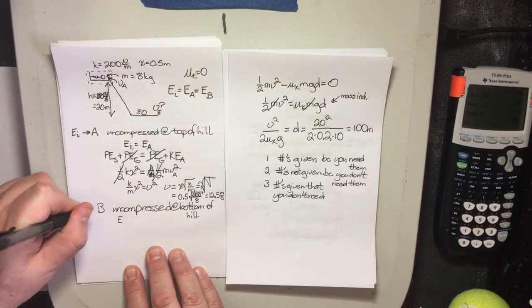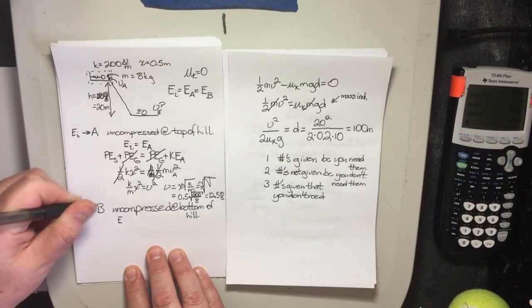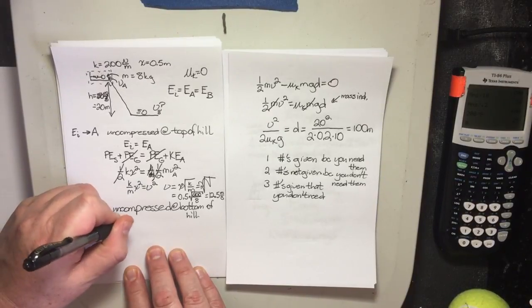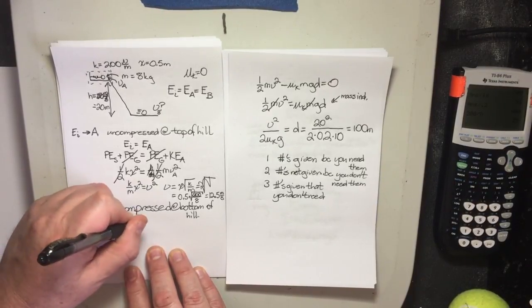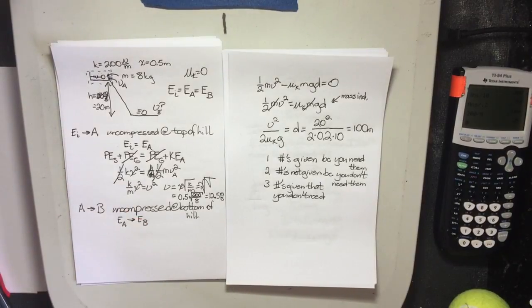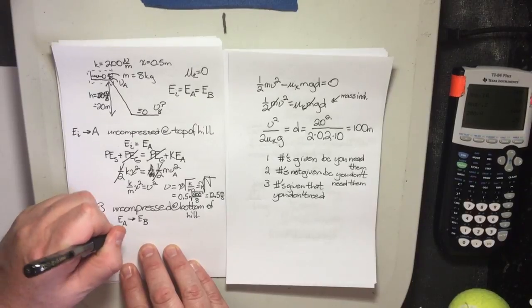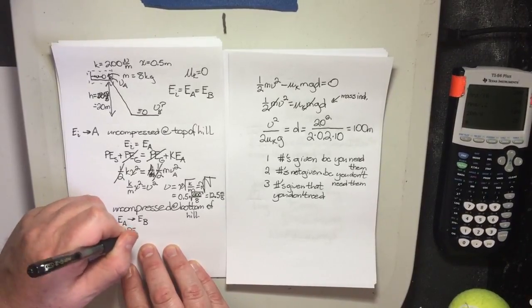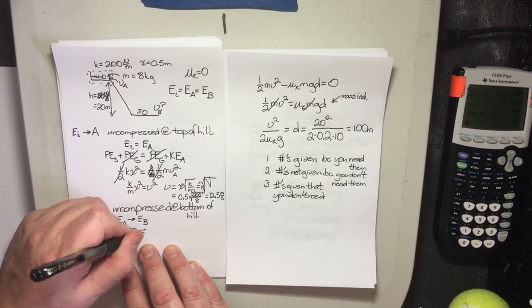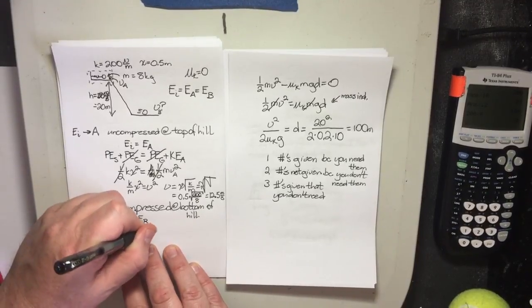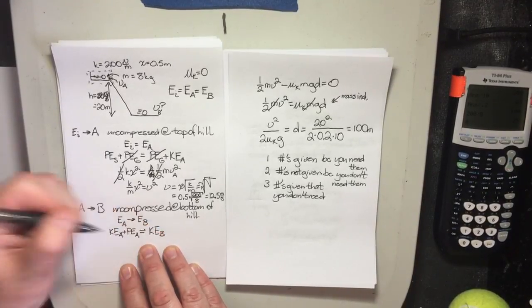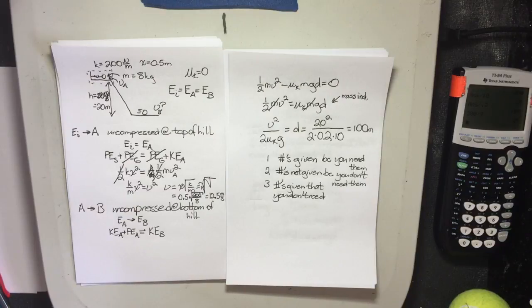And we can go from A to B. Energy at A, energy at B. Energy at A is both kinetic energy at A plus potential energy at A. Energy at B is only kinetic energy at B. There is no gravitational potential energy.